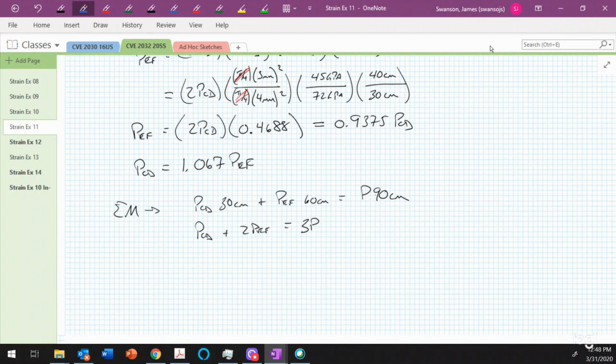But what we're going to do now is take this equation and substitute into the other.